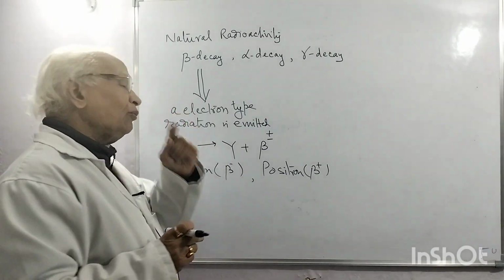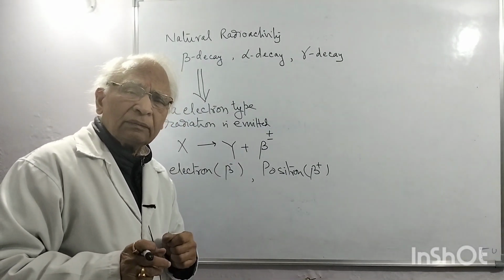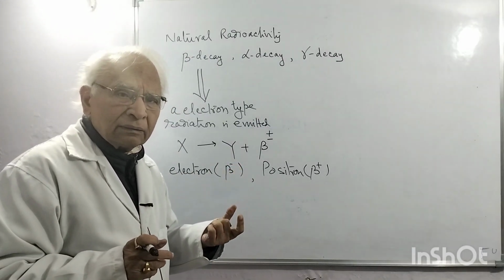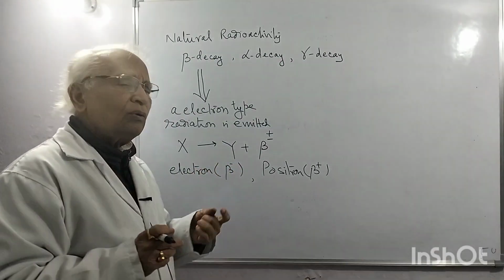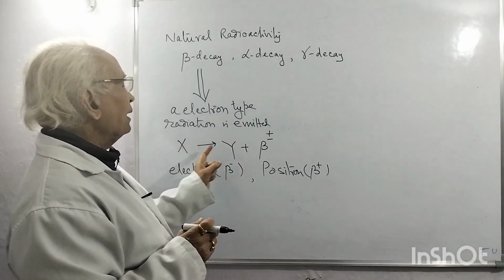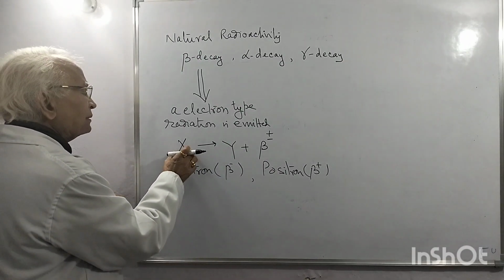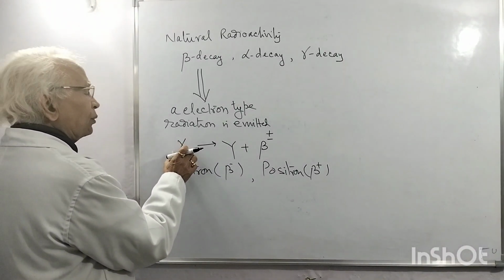Then you will say that in the nucleus it is only neutron and proton. How is it that electrons are coming out from the nucleus? Yes, because this is decaying. So how are they coming out? Well, I give the example that in this X element there are many neutrons and protons.